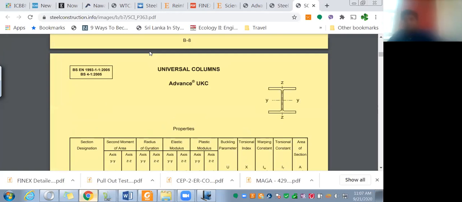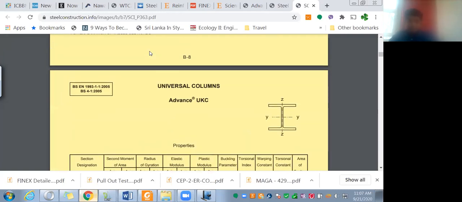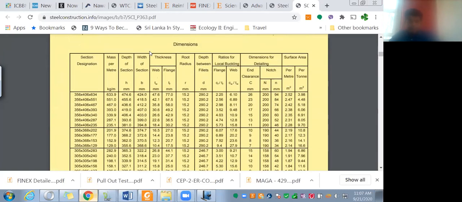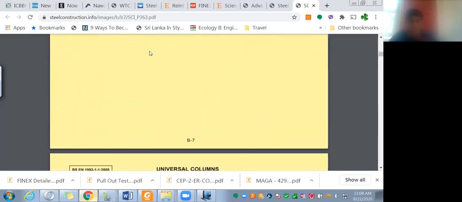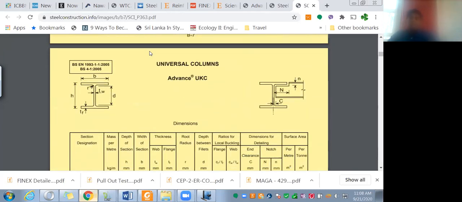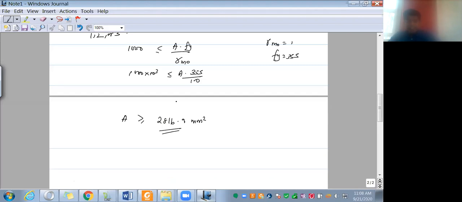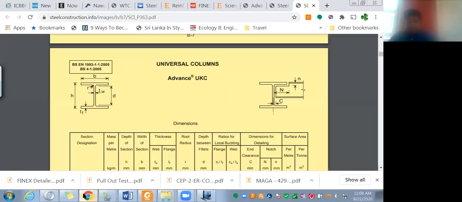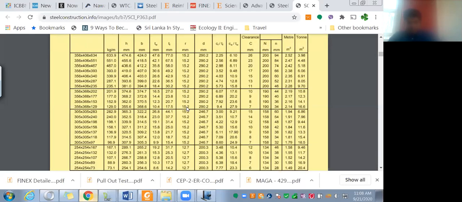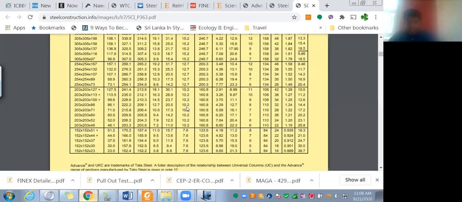UKC, universal columns. Okay, so these are members which are under compression. So what we need is a section that has an area of 2816.9, so that is 2817. We have to look at the area.